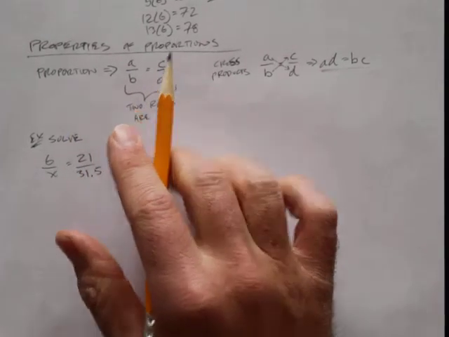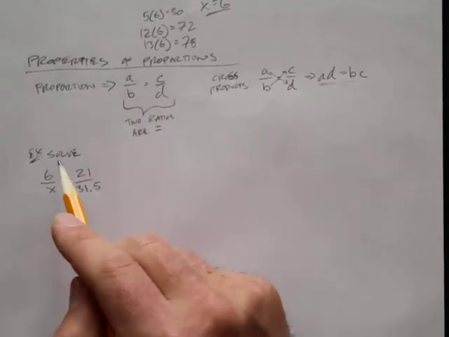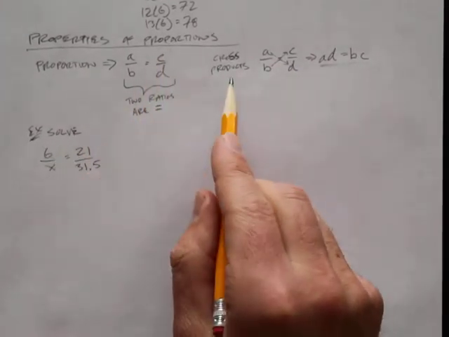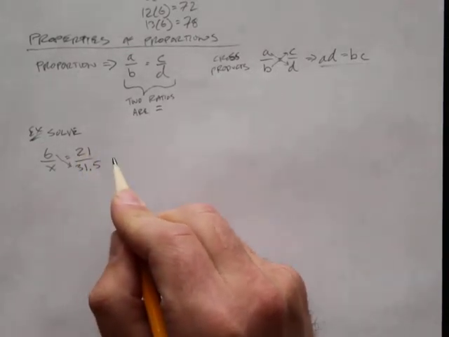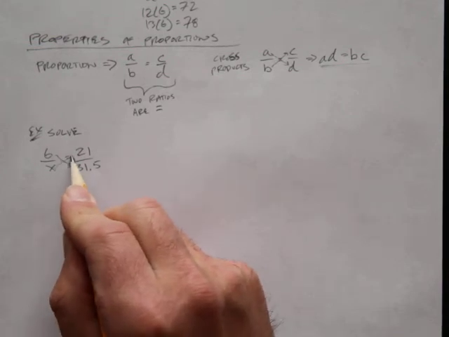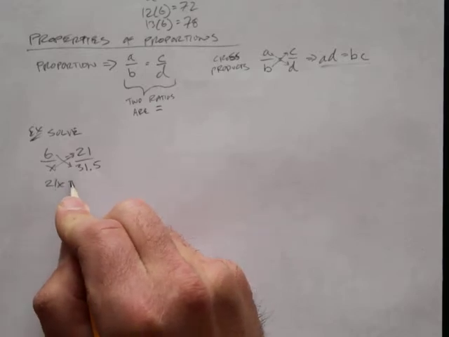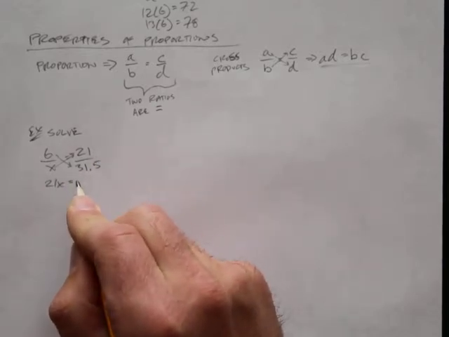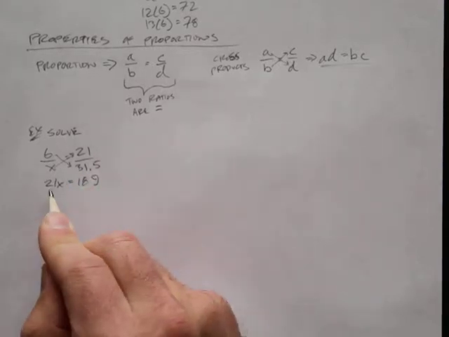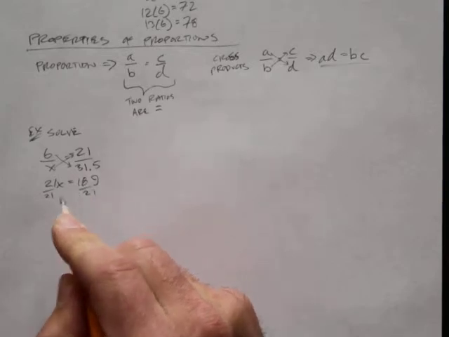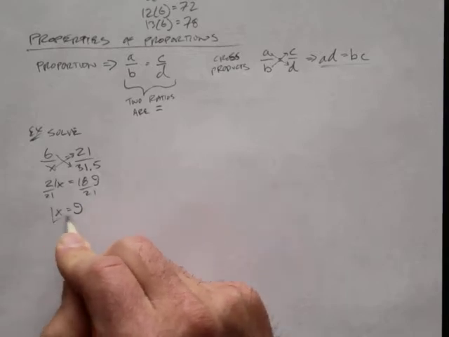We're going to use cross products, which is a property of proportions, to solve this. So 21 times x equals 6 times 31.5. 6 times 31.5 is 189. Then I divide both sides by 21. X equals 9, since 189 divided by 21 is 9.